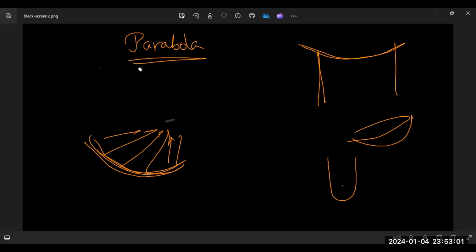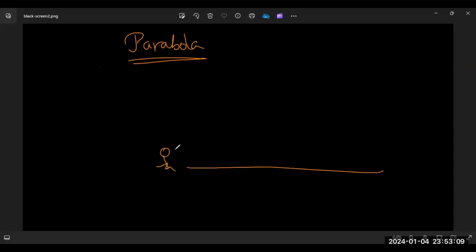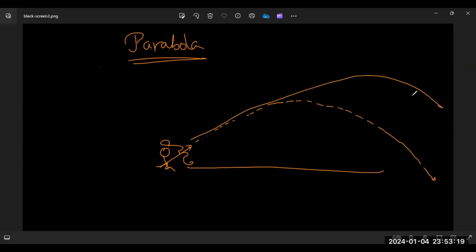Also, the trajectory of a gunshot or of an arrow: let's say you're standing here and you shoot, right? It will go and fall like this. So this will also be a parabola, be it a gunshot. A gun would go even further, but the trajectory will remain the same.